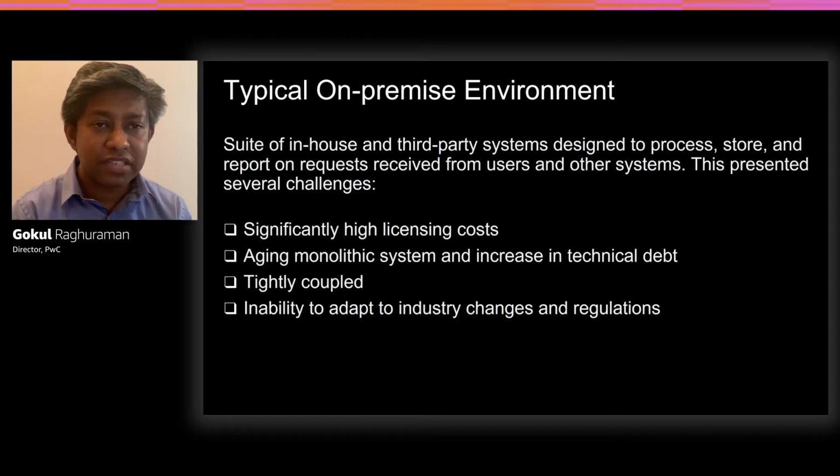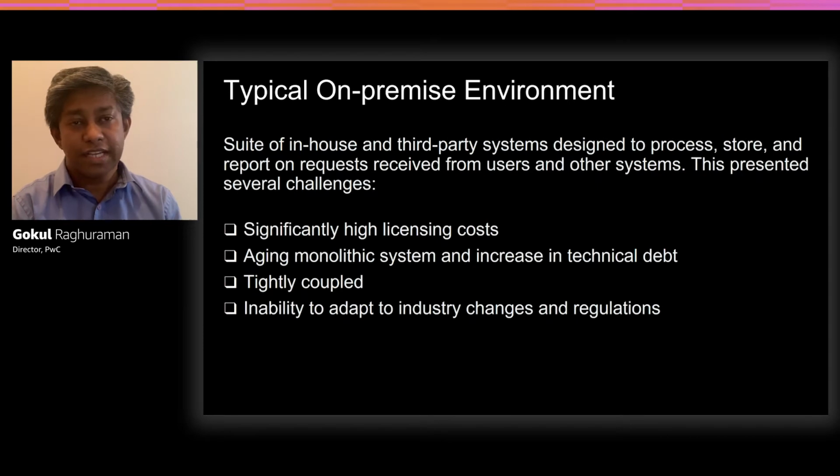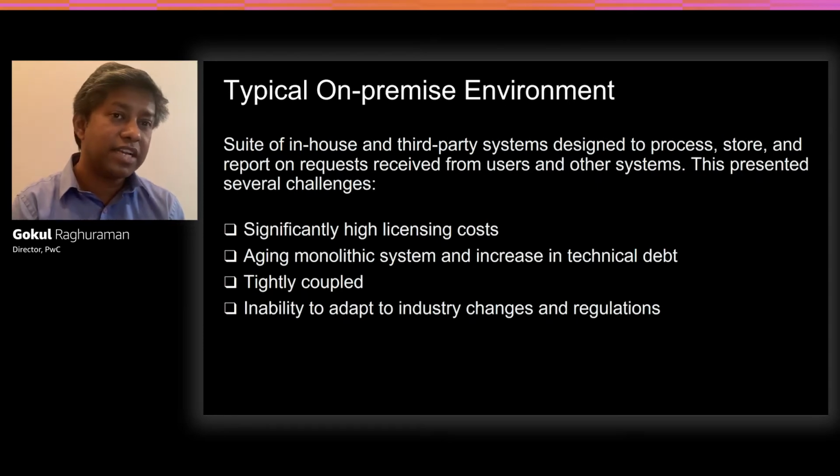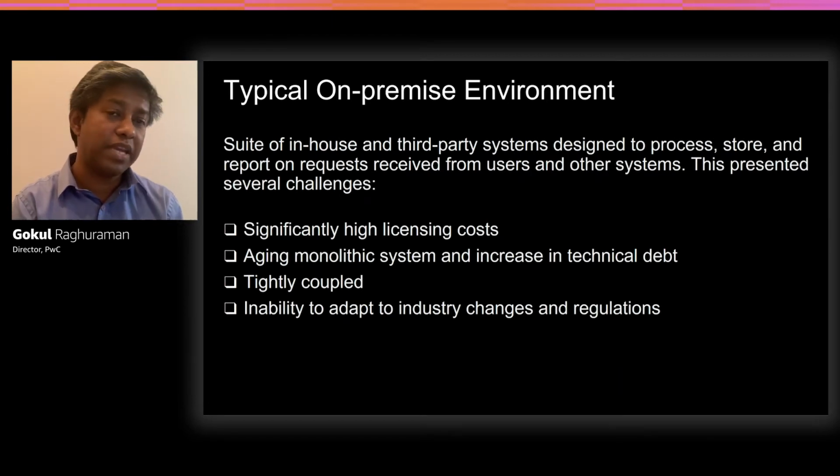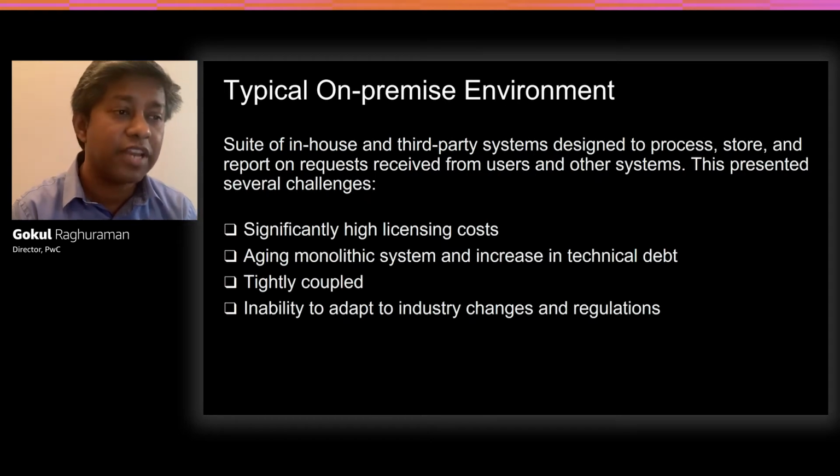There's a lot of dependencies on the underlying infrastructure. There's a number of subsystems and application that it relies on, making change to your application very tedious, and it probably takes months, if not weeks, to release and ship features, right?